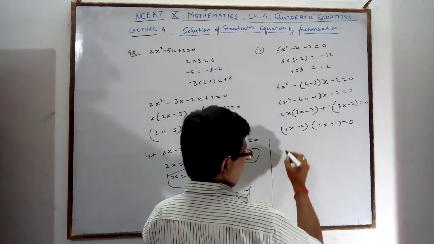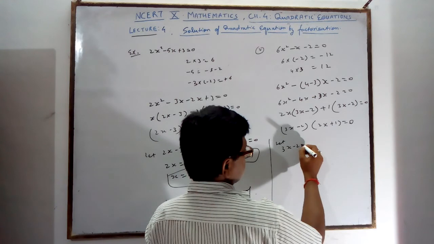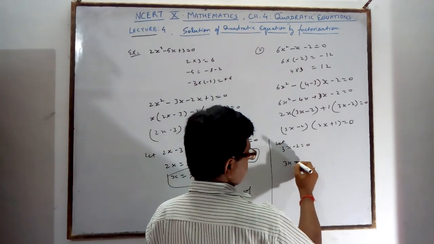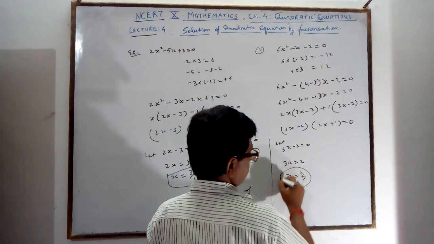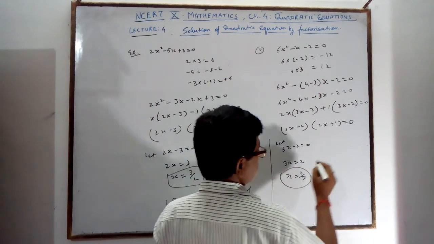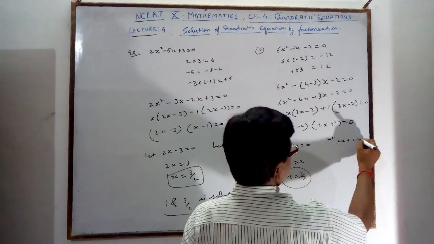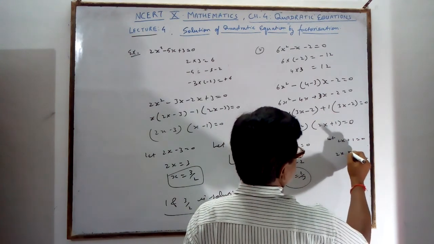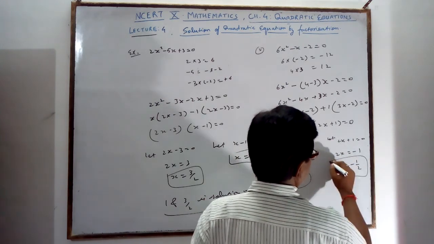Both one by one you take. 3x minus 2 is equal to 0, then 3x is equal to 2, then x is equal to 2 by 3. It is your first part. Let 2x plus 1 is equal to 0, then 2x is equal to minus 1, then x is equal to minus 1 by 2.